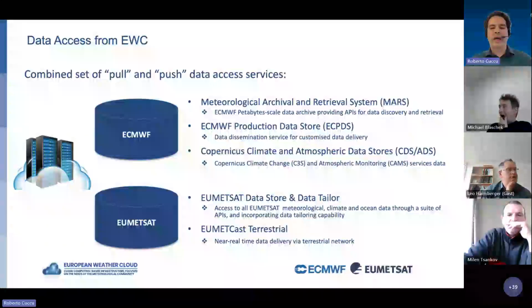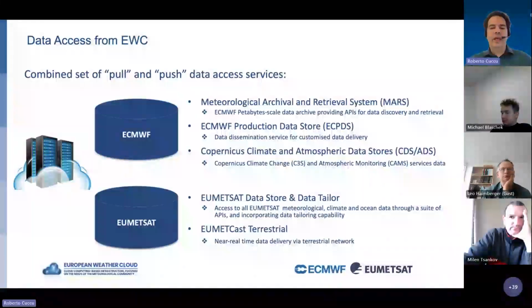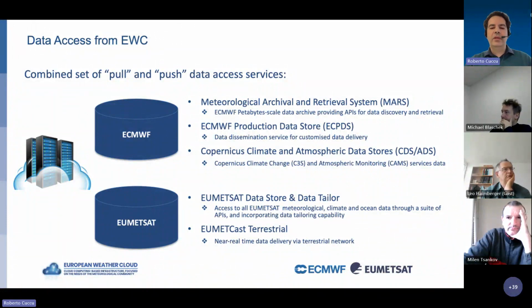On the ECMWF side, we have access to the Meteorological Archival and Retrieval System, MARS. And we also provide the possibility to have data disseminated from the ECMWF Production Data Store, EPDS, directly to cloud resources such as object storage or virtual machines. Finally, users can also access the Copernicus data stores via the dedicated APIs.